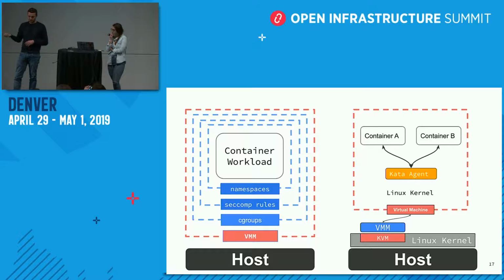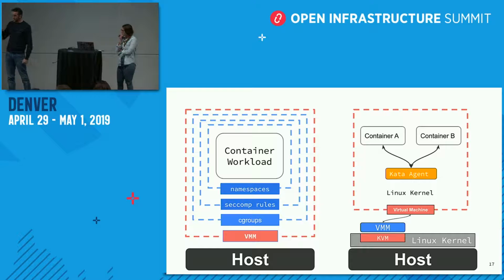It's a full-blown Linux virtual machine. So your containers that make your pod, and there's going to be one virtual machine per pod, by the way, are going to run on top of a full Linux kernel inside a real full-blown virtual machine. They're going to be controlled by a specific agent inside the virtual machine, the Kata agent.